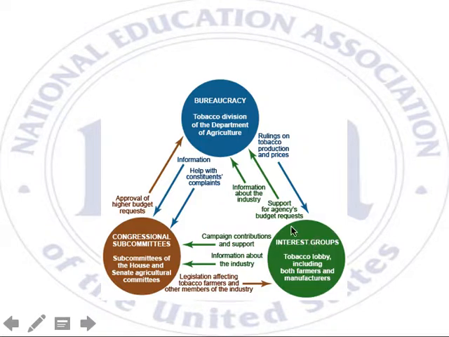An interest group will inform the industry to the bureaucracy, while the bureaucracy maybe will have some rulings on tobacco production and prices that will help these interest groups. The bureaucracy will help with different constituent complaints for the Congress people, and the committees will help approve a budget that will help the bureaucracy.